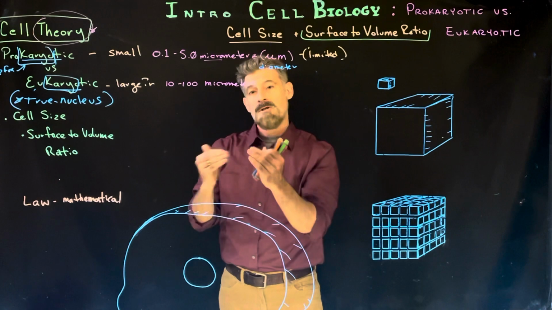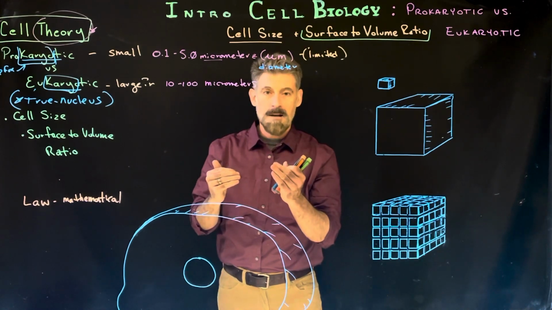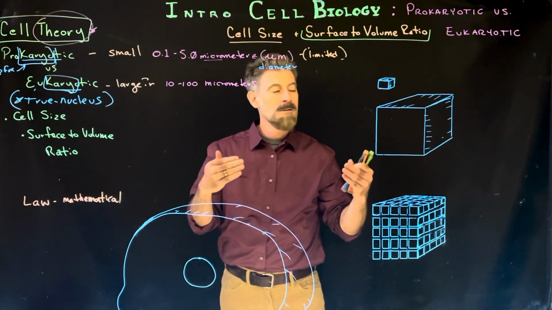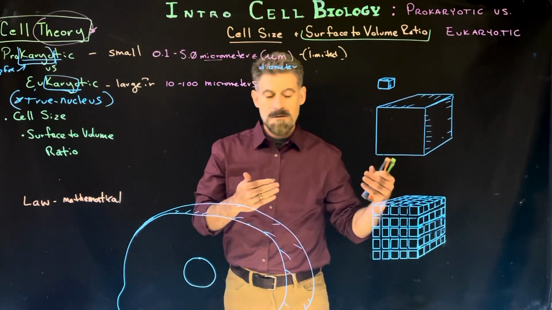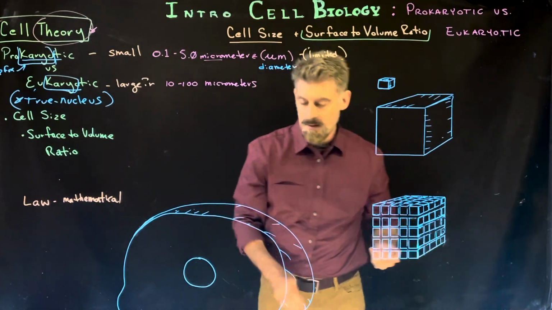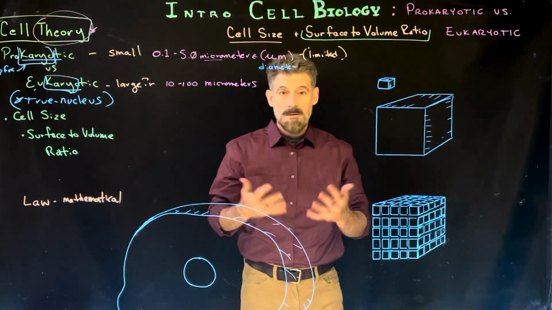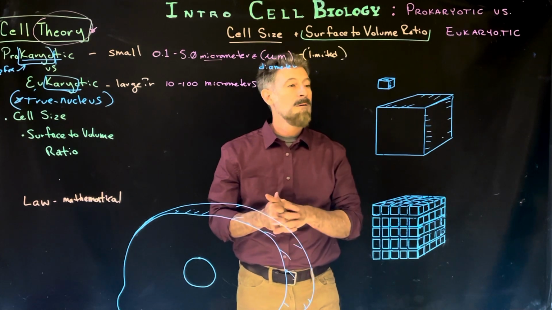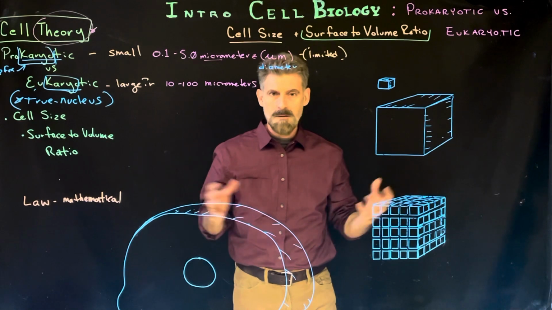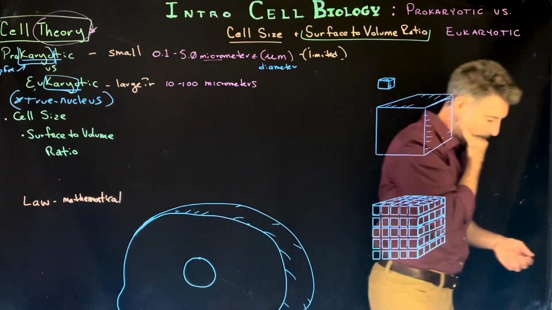Then the general sizes of prokaryotic and eukaryotic cells, and some other discussion of that. Now we're going to get into how to explain surface to volume ratio, which is something often asked of students in general biology or intro cell biology classes, and how we can look at that numerically and understand it biologically, in terms of the big picture.